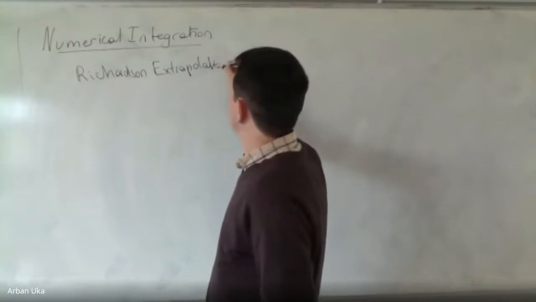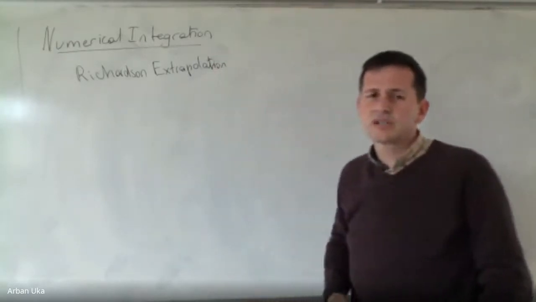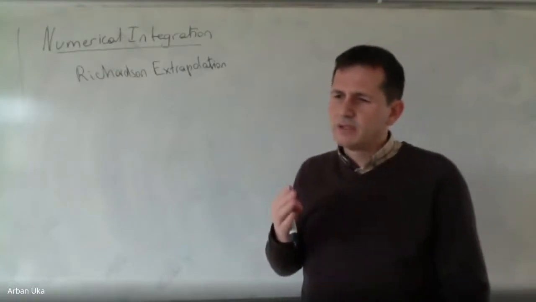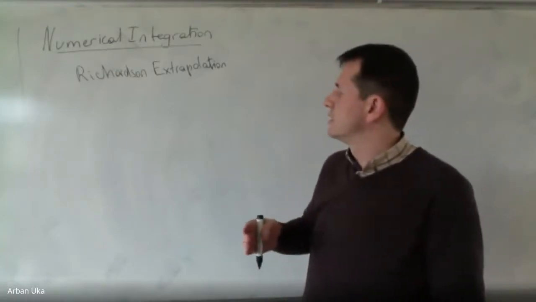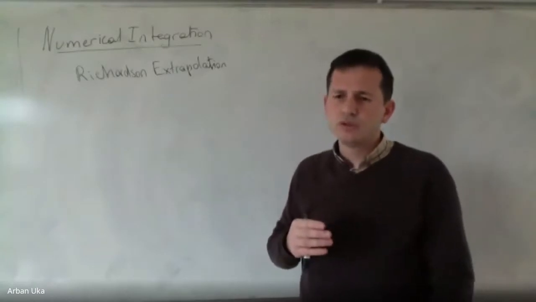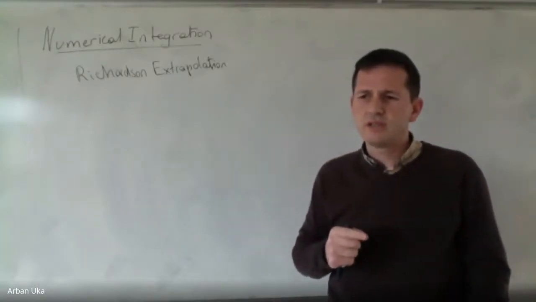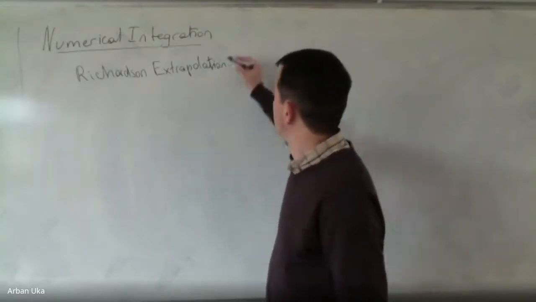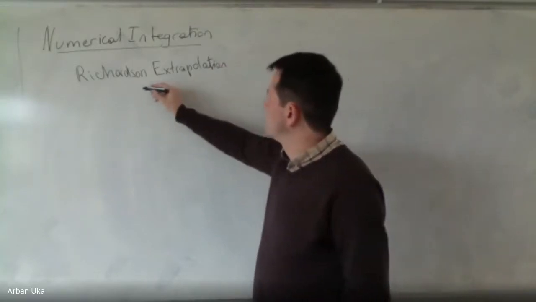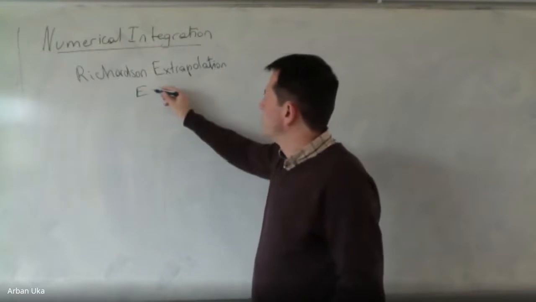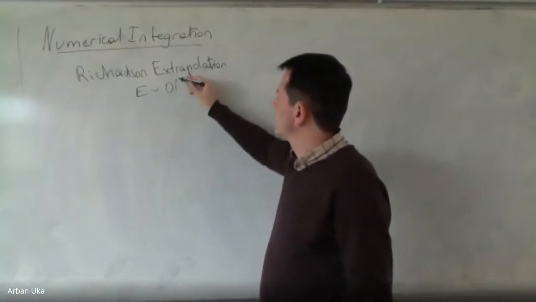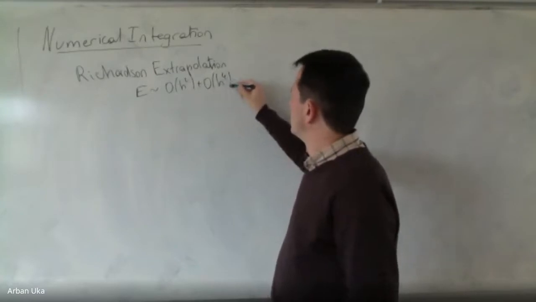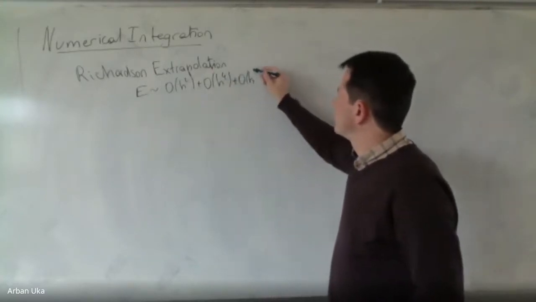We can derive how Richardson extrapolation can be used to take out the error which is O(h squared) and use two calculations to find a new result which has an error of O(h^4). Richardson extrapolation deals with an error like O(h squared) plus O(h^4) plus O(h^6).